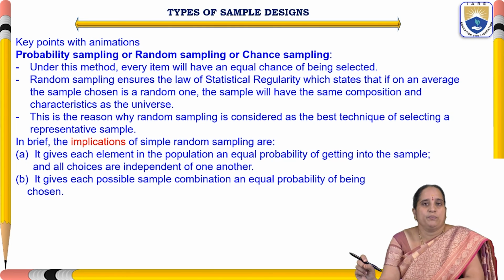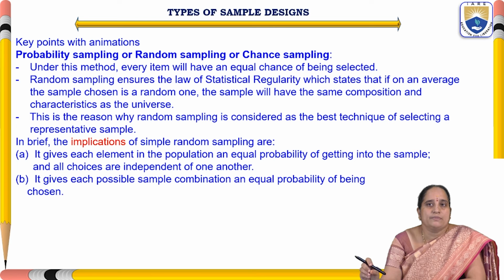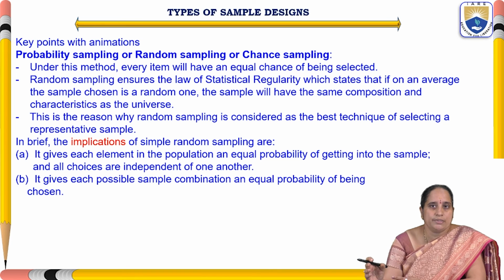Then the second type is probability sampling, or random sampling, or chance sampling. Probability means we always discuss chance. So every item will have an equal chance of being selected. It ensures the law of statistical regularity, which states that if on average the sample chosen is a random one, the sample will have the same composition and characteristics of the universe.